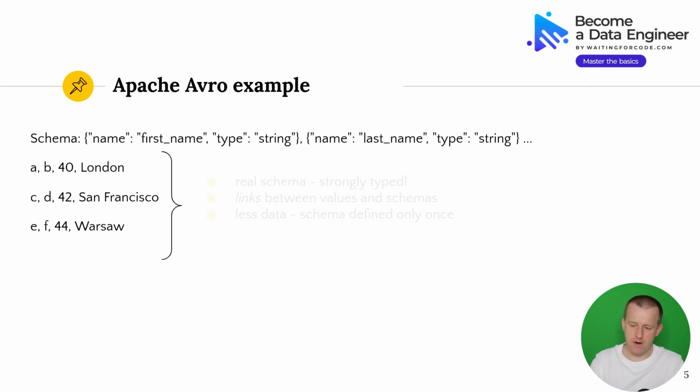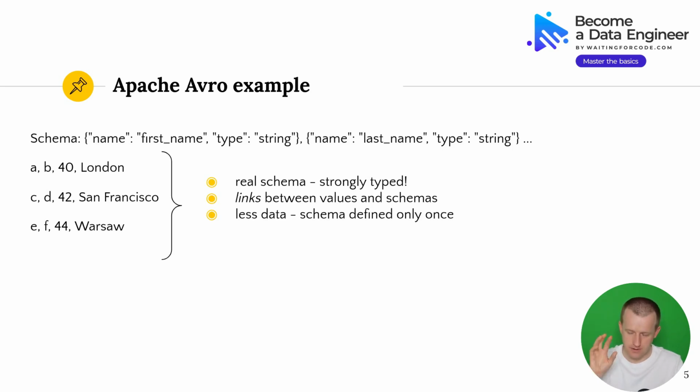And another important part is that these are real schemas, so it's strongly typed. You can see that we have type names. There is also a link between the values and the schema, and there is of course less data because we define the schema only once.